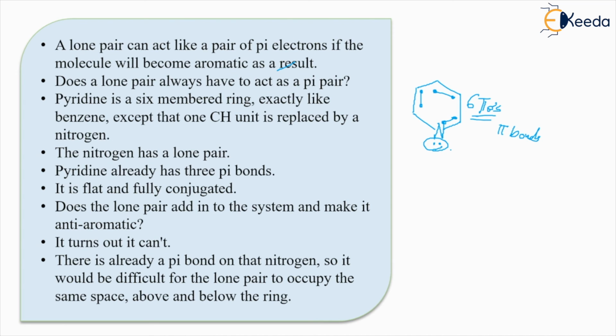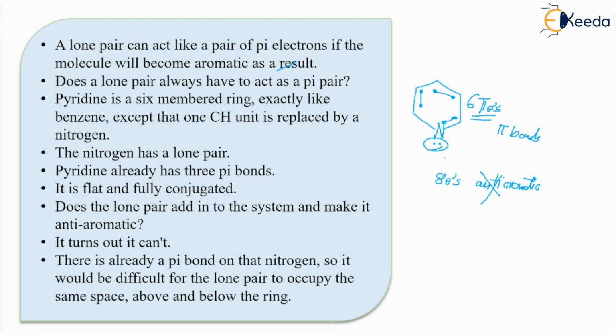The nitrogen has a lone pair. Pyridine already has 3 pi bonds. It is flat, fully conjugated. So if I include these 2 electrons, it becomes 8 electrons, which is anti-aromatic. We do not want a compound to be anti-aromatic in nature, so we will not use it. The compound itself does not use it and stays aromatic.